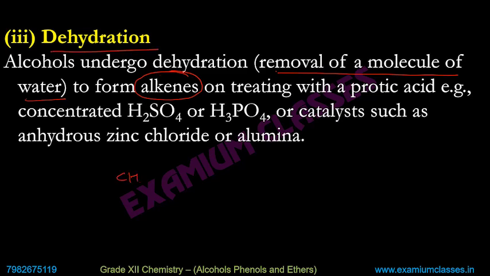OH goes away. So for example, if it is CH3CH2CH2OH, this OH will go away and one hydrogen from here will go away. If I write it like CH2, this whole will go away. No, sorry, this is again on this carbon, not this is the adjacent carbon.